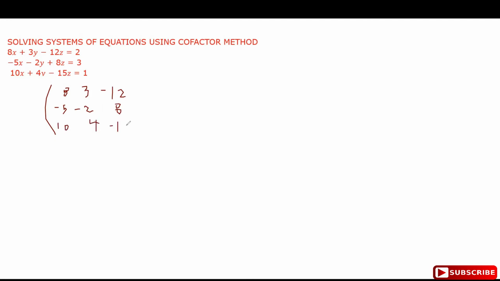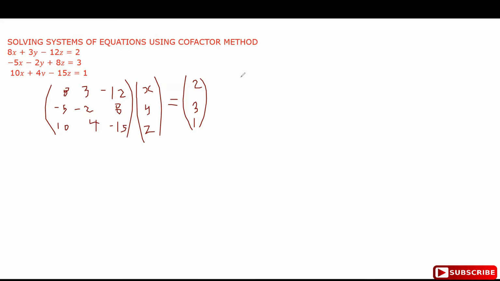This is writing it in matrix form, multiplied by x, y, z, and this is equal to 2, 3, 1. Nice and easy. This is what we have, 2, 3, 1.